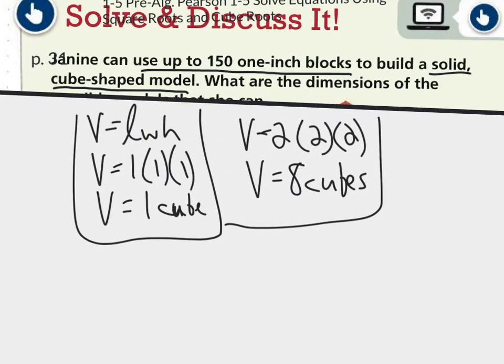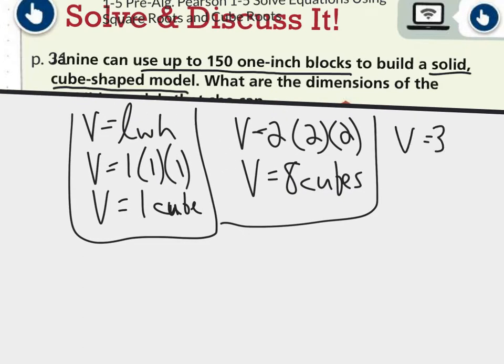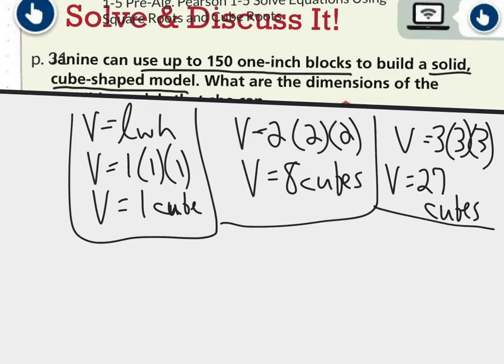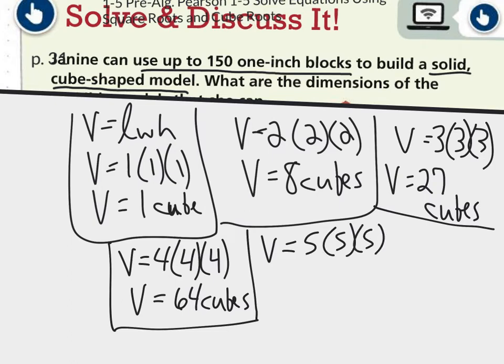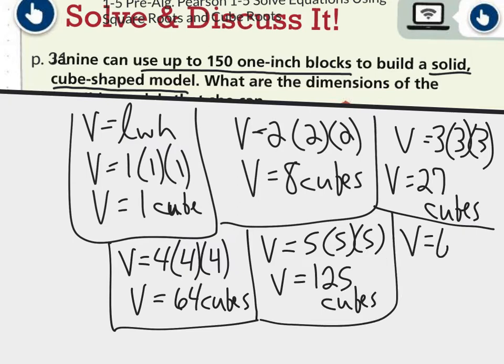If we just continue on, another option would be 3 by 3 by 3, and that would use 27 cubes. 4 by 4 by 4 would be 64 cubes. 5 by 5 by 5 would be 125 cubes. And then we could try 6 by 6 by 6.